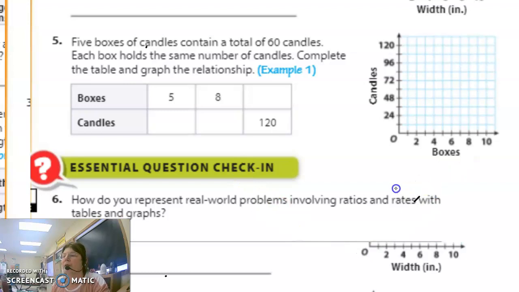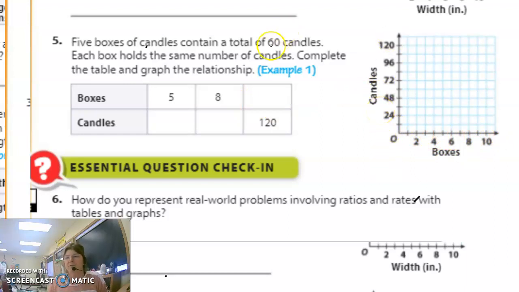Okay. And we're going to complete the table and graph the relationship. So graph simply means to plot, or to put your numbers in on your graph itself. And so in this one, boxes are the horizontal number, and candles are the vertical.